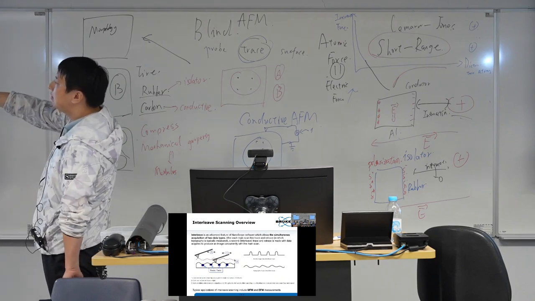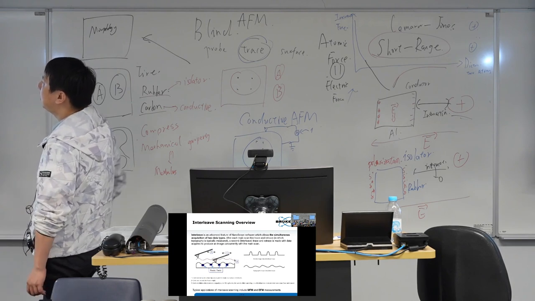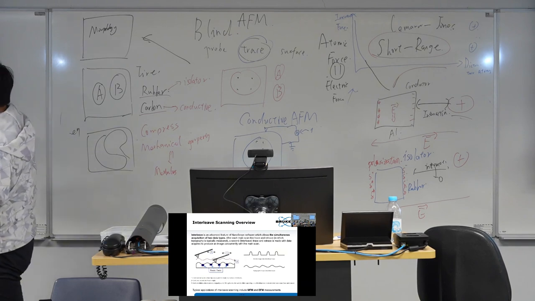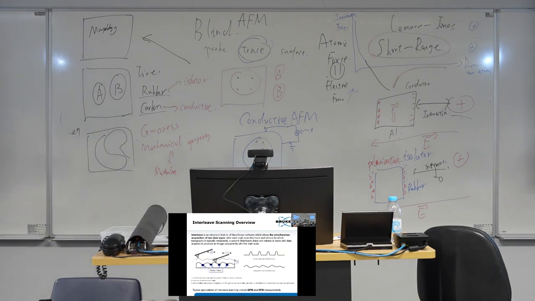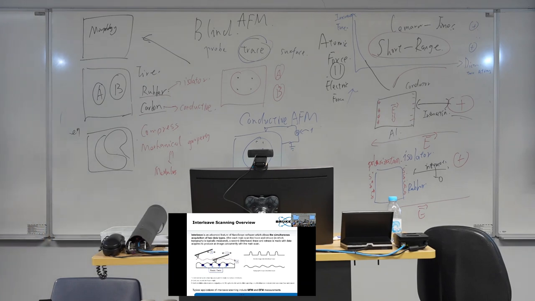For example, this slide here shows you the EFM. We have a surface, and this black line is the morphology of the surface. When the tip touches the surface, it gets the morphology. And then we lift the probe, and the morphology is gone, right? It cannot sense the atomic force anymore, but there are some charges on the surface.